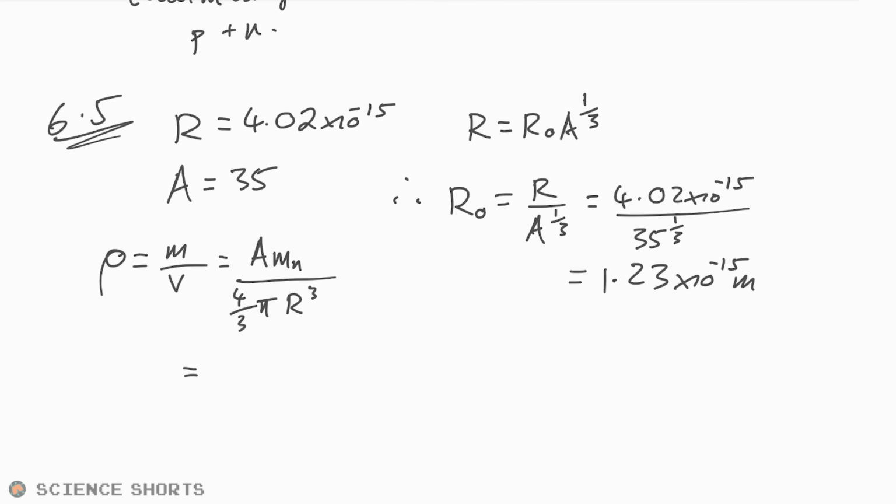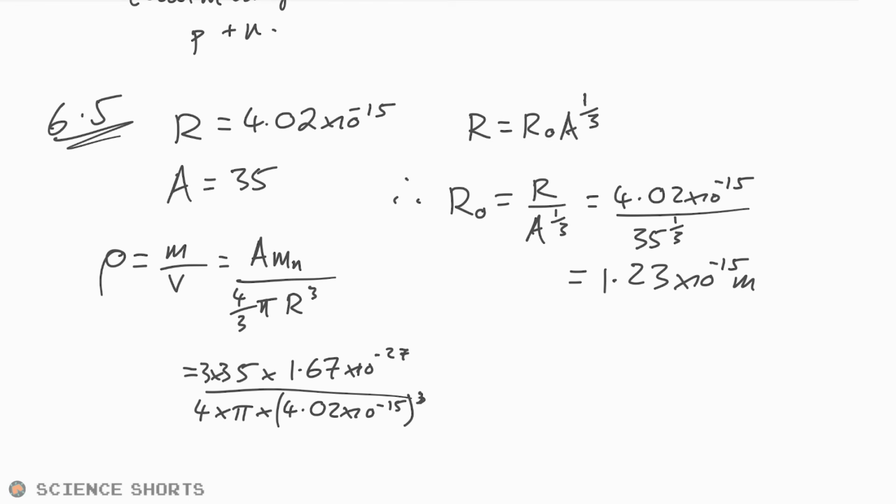So that's 35 times 1.67 times 10 to the minus 27, as you know from your formula sheet, divided by 4/3 pi times 4.02 times 10 to the minus 15, all cubed. I'm just going to put the 3 on top: 3 divided by 4 times pi. Will you humour me by letting me deal with powers of 10? That's times 10 to the minus 45, add that onto the top, so plus 45, so that ends up being plus 18.